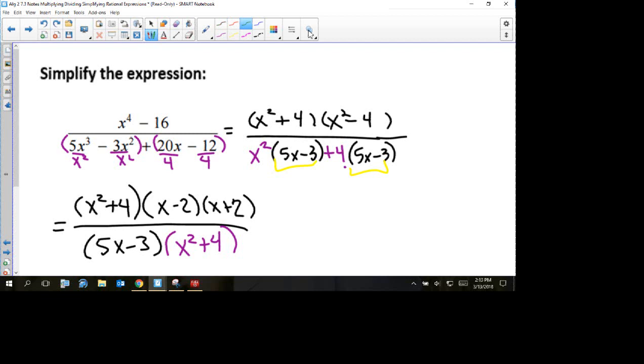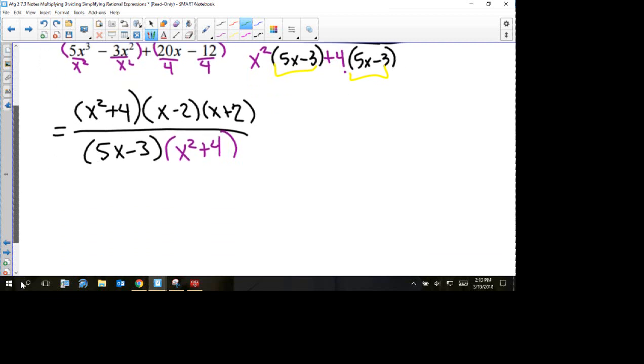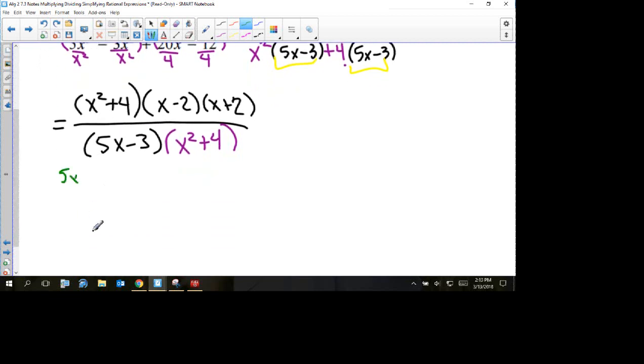From here, after you factor, your next step is to look at the domain restriction. So you set 5x minus 3 not equal to 0 and solve to see what x cannot equal. 5x cannot equal 3, so x cannot equal 3/5. The other one, x squared plus 4 cannot equal 0, so x squared cannot equal negative 4.